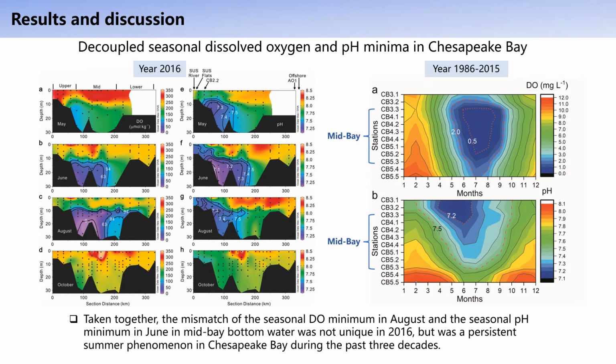Taken together, the mismatch of the seasonal DO minimum in August and the seasonal pH minimum in June in mid-bay bottom water was not unique in 2016, but was a persistent summer phenomenon in Chesapeake Bay during the past 3 decades.